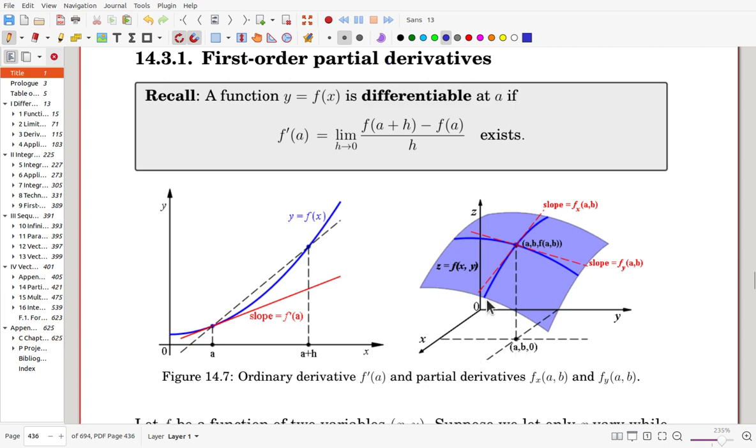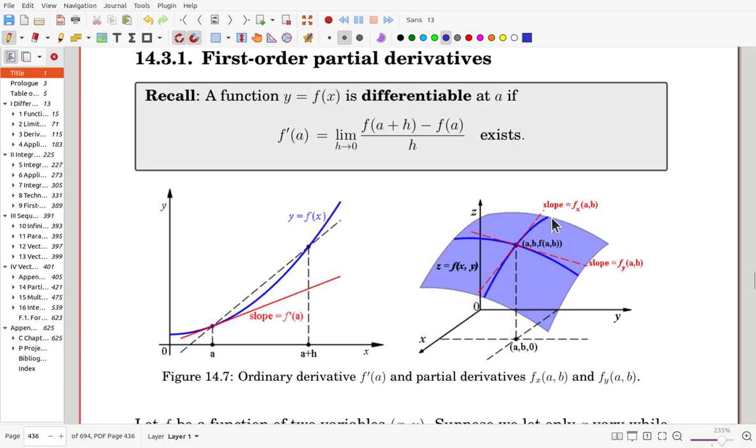Then it's like cutting the surface using the plane. Then the intersection will be a curve. On the curve, we may try to find the slope at this point. That is called the partial derivative with respect to x. So we say that is f sub x.